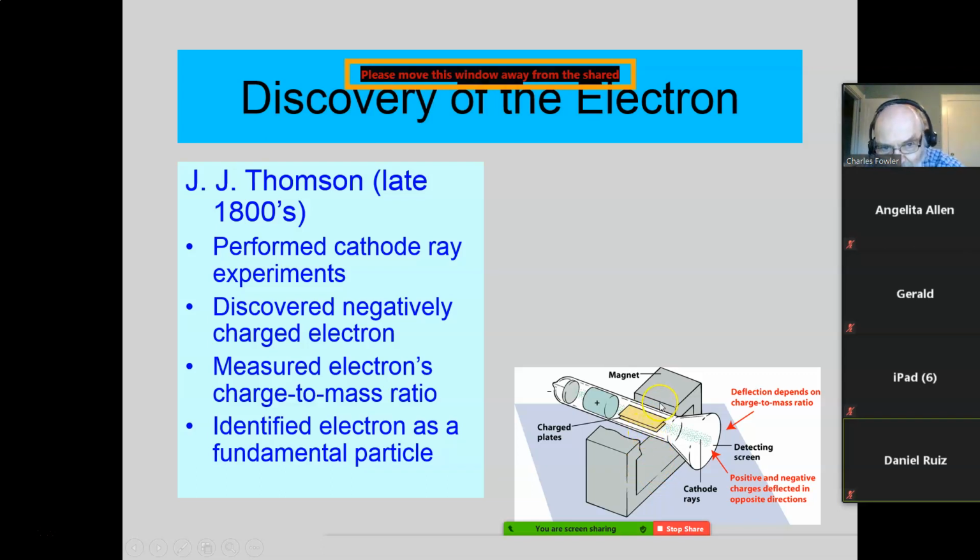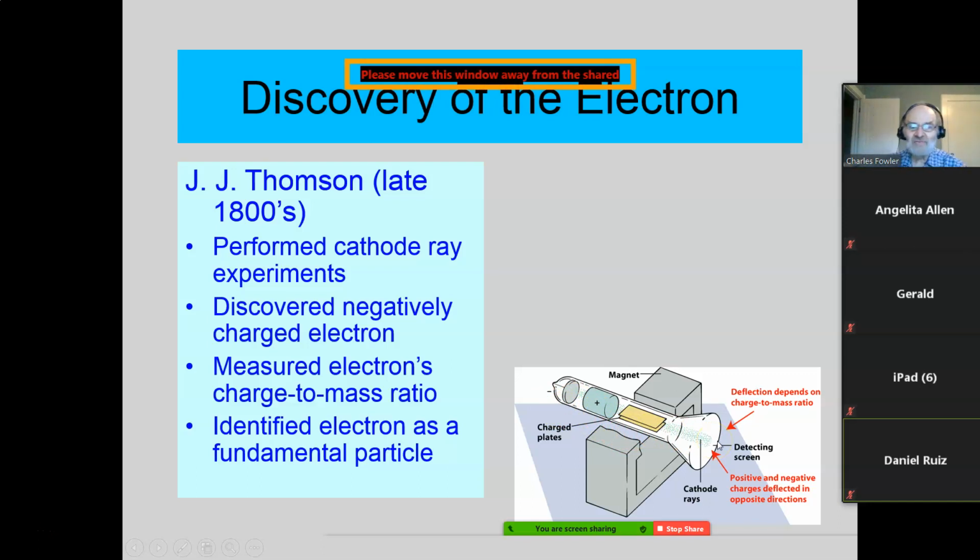The magnetic field went from the north pole to the south pole. You know how the field lines go. Now, out here on this end, he had a detecting screen that the electrons, though he didn't know they were electrons, the cathode rays were striking.